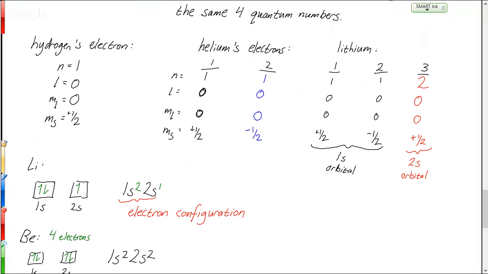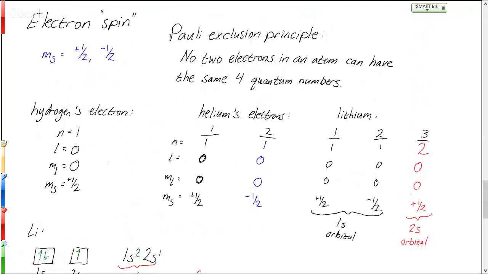Let's jump back up for a second. So this tells us that one of the consequences of the Pauli exclusion principle is that each orbital can contain no more than 2 electrons.